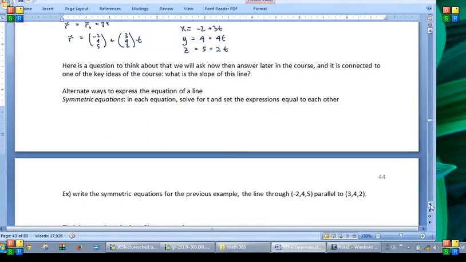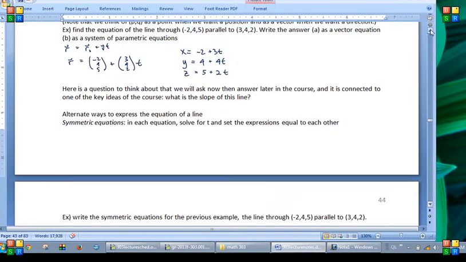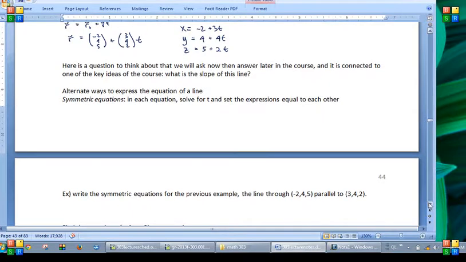So let's do that. Notice that we just solved the line through (-2, 4, 5), parallel to (3, 4, 2). Now let's write this down in symmetric equation form. For x, when we solve for t, you get (x plus 2) over 3 equals t.